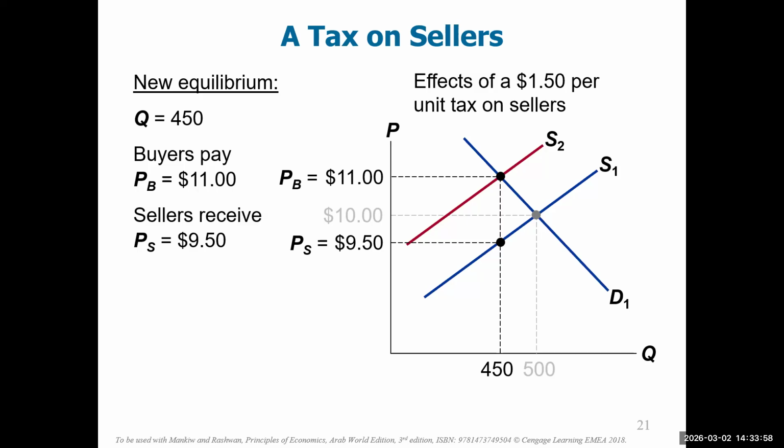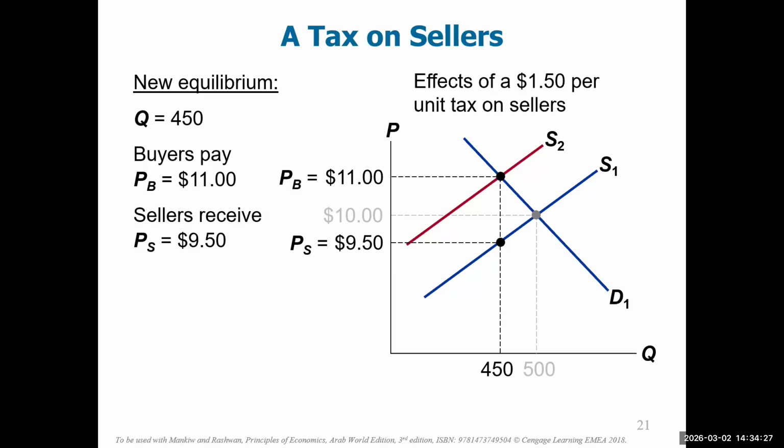So the suppliers are only collecting an extra 1 dirham from the people, right? Because this is what the people pay in the market. They are paying 11. But the government comes in and says, hey, give me $1.50. Well, I have to pay the government. There is no law, so I take a cut. I take a reduction in my price. So the price I receive after paying the government the tax is only $9.50.